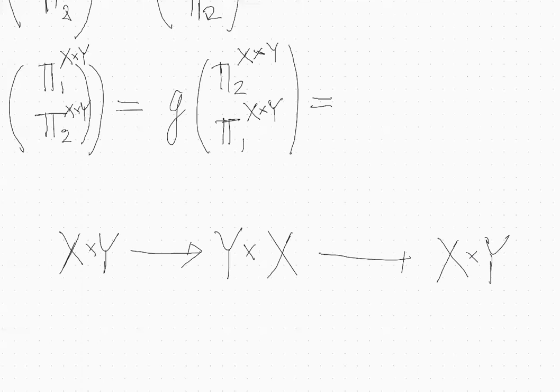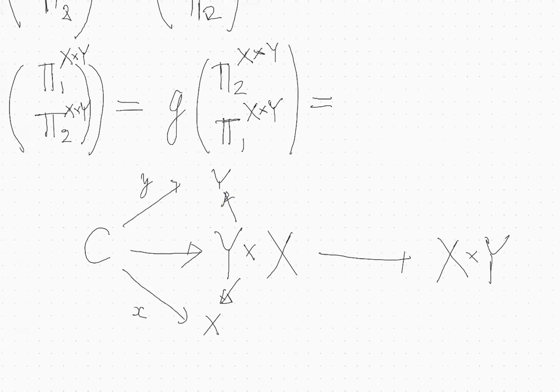So if I had some C here, and I had morphisms going into y and into x, let's say small y and small x, this would give me a column yx. And now I need to compose that column with G.